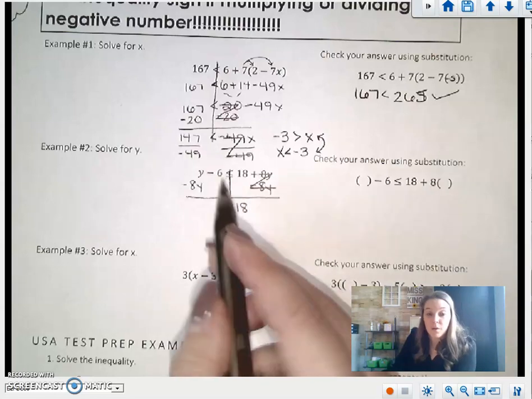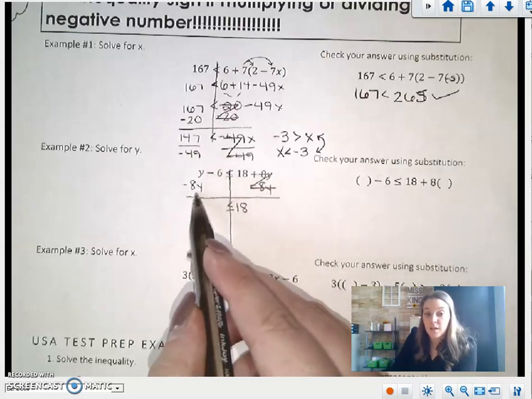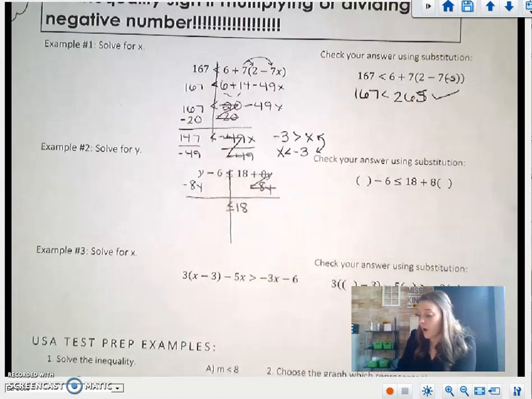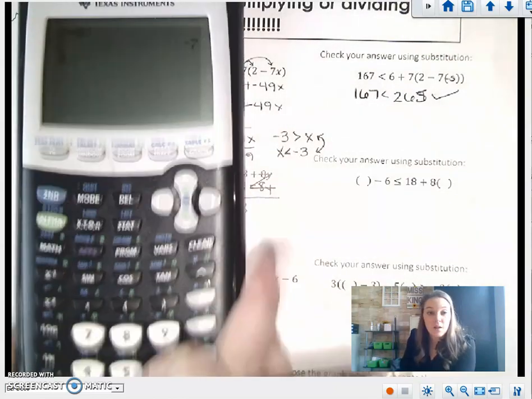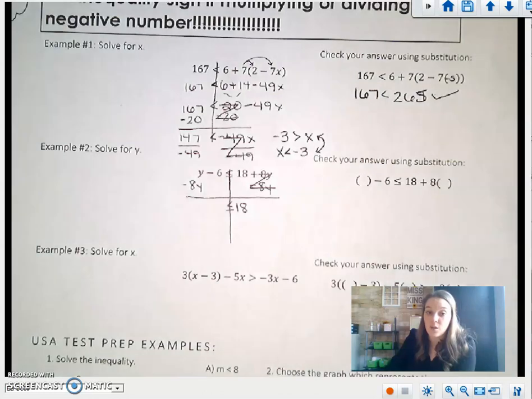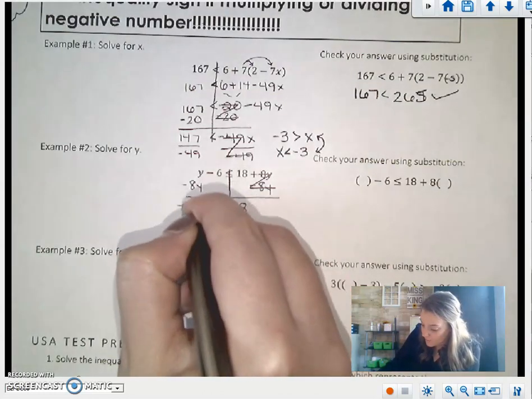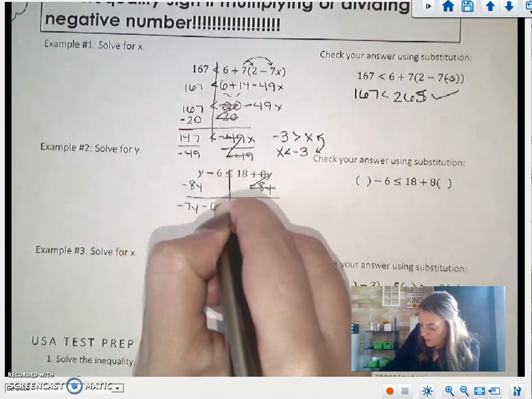Drop down my symbol. Y minus 8y, 1 minus 8, gives me negative 7, so I have negative 7y. Drop down my minus 6.